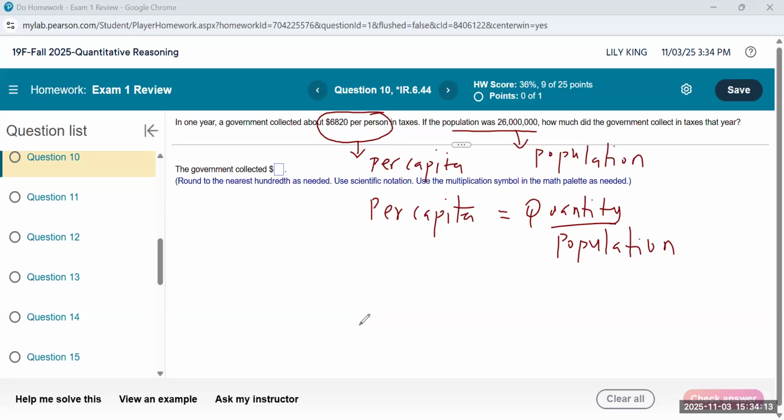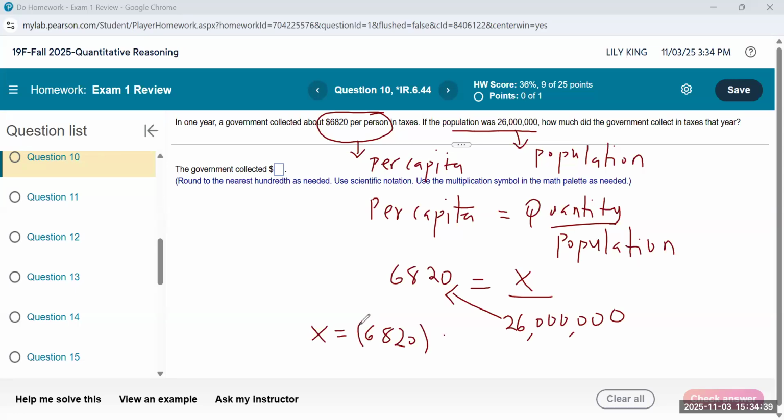So per capita is $6,820 per person. We don't know the quantity. I'm going to use an unknown variable x. The population is 26 million. Now to find x, I have to multiply the 6,820 by what? The 26 million. Okay, we have to apply cross product. So x is 6,820 times 26 million. And it says we have to round to the nearest 100 using scientific notation.